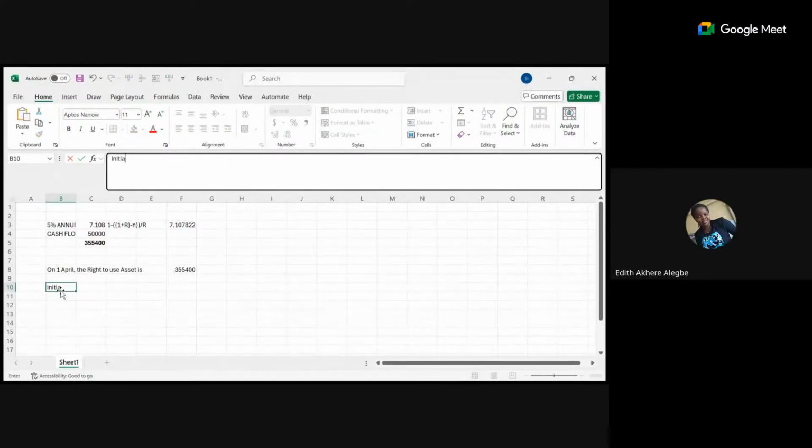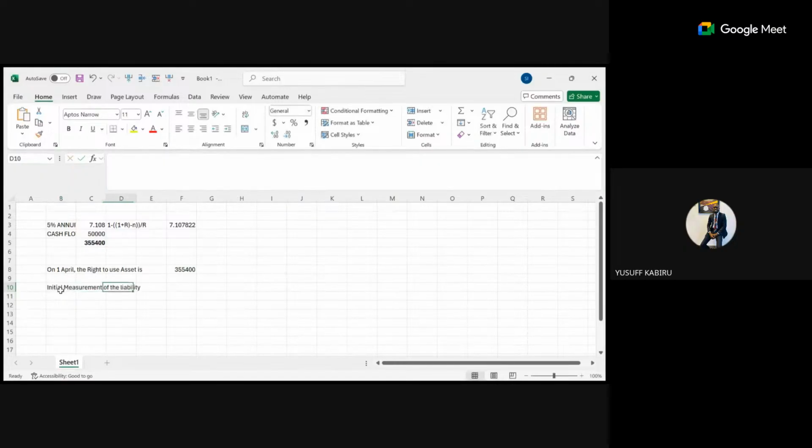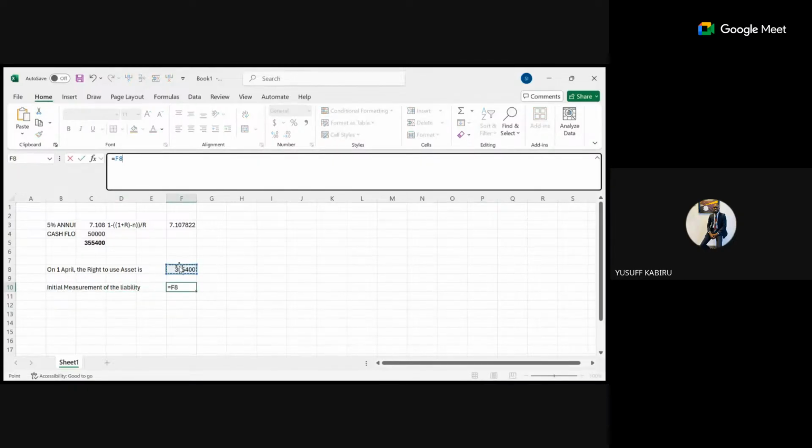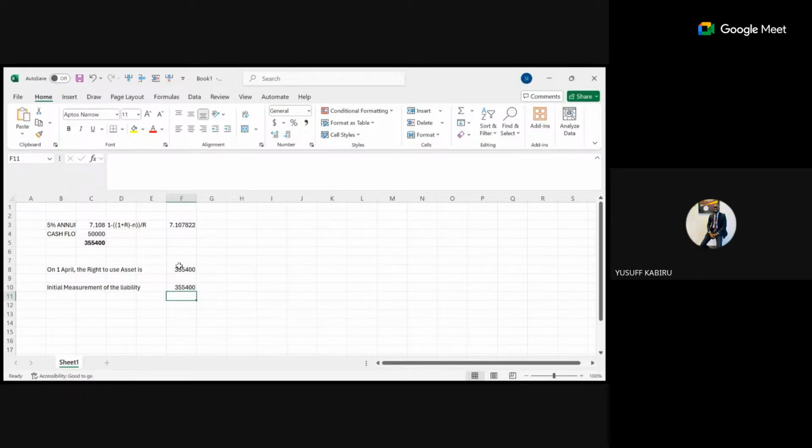So the initial measurement of the liability is what we have here. It's the same amount we are capturing for the right of use assets. Where they differ is that for the right of use assets, you will accumulate all other costs associated to it.